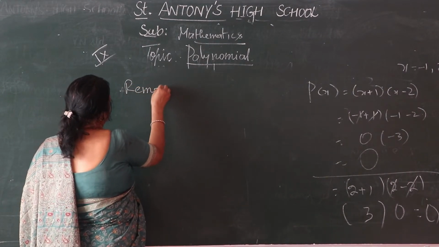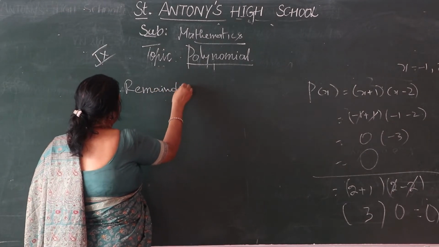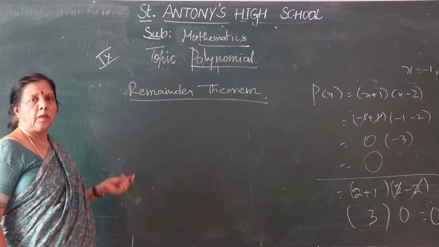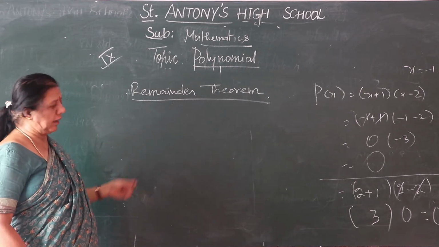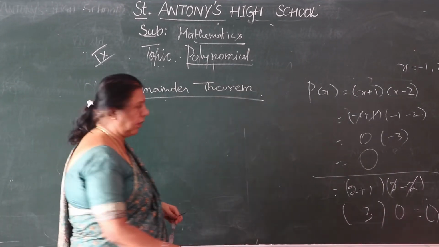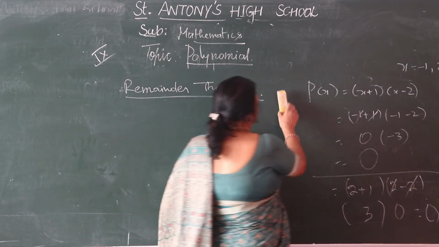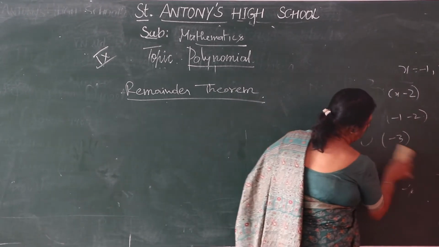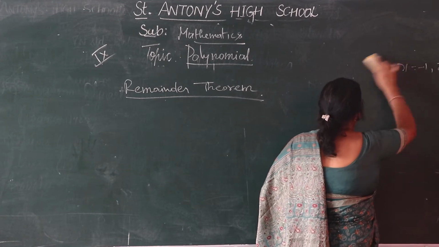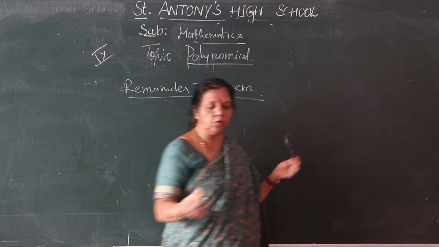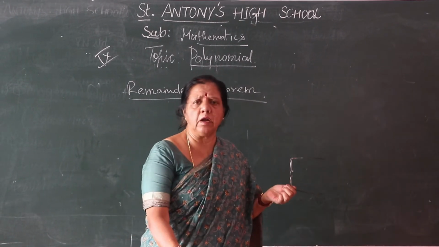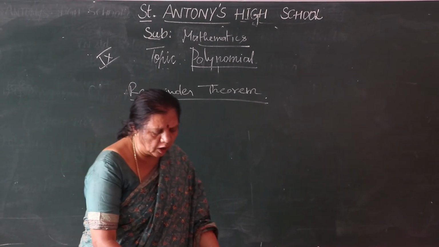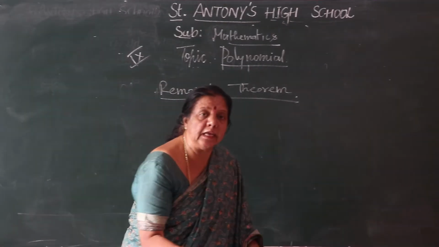Remainder theorem. So this is remainder theorem. All of you repeat, children, because if you pronounce it, you come to know what is what. Otherwise, if someone asks what madam is teaching or what you are studying, you cannot repeat it. If you repeat along with me, it will be very easy children.